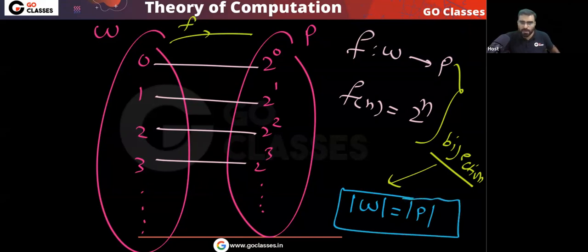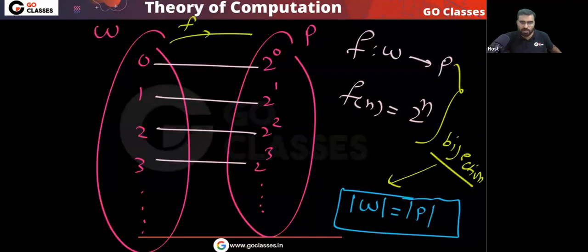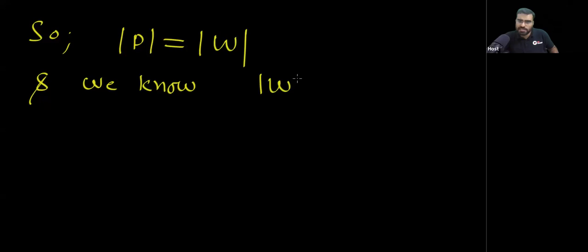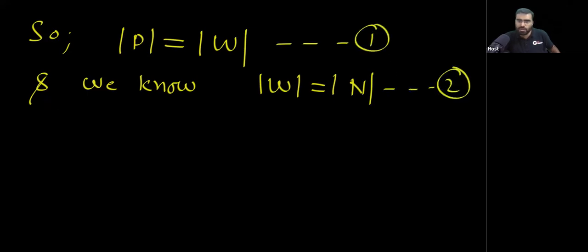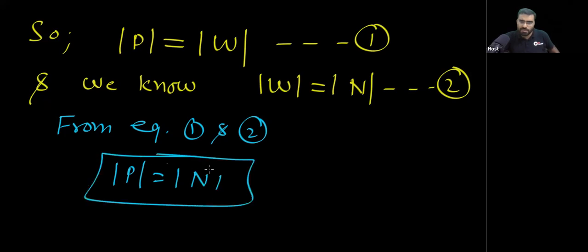We already know this. So I can say the size of P is the same as the size of W, and we already know that the size of W is the same as the size of N. From equation 1 and equation 2, I can say the cardinality of P is the same as the cardinality of N. That's it.